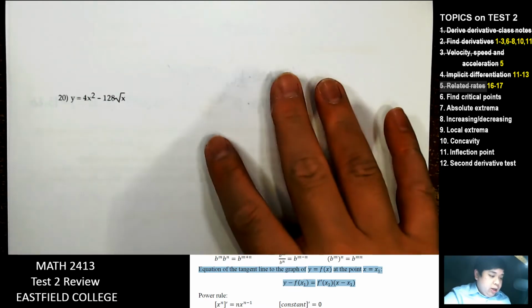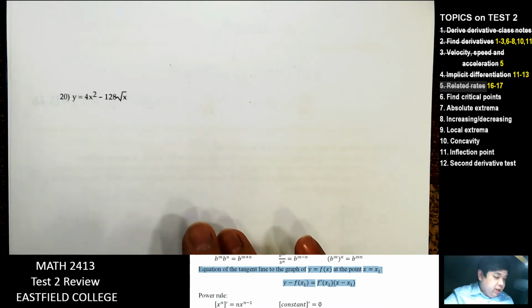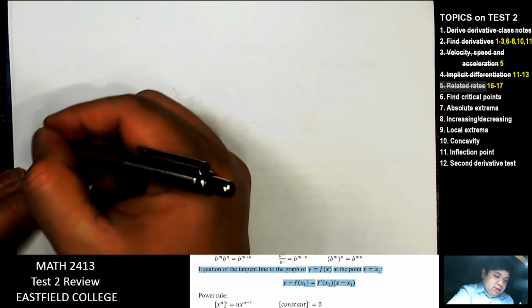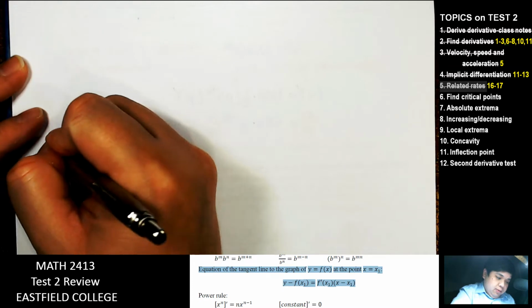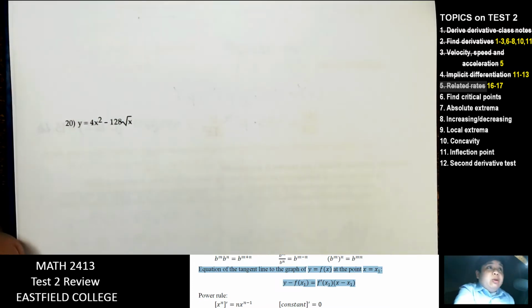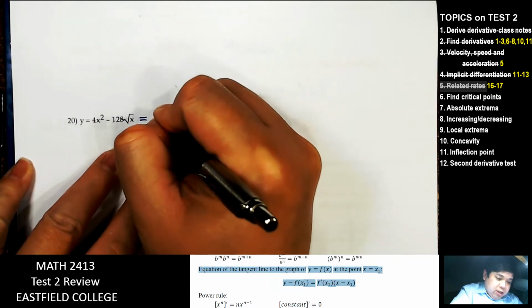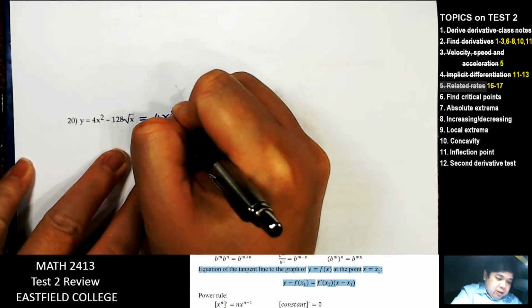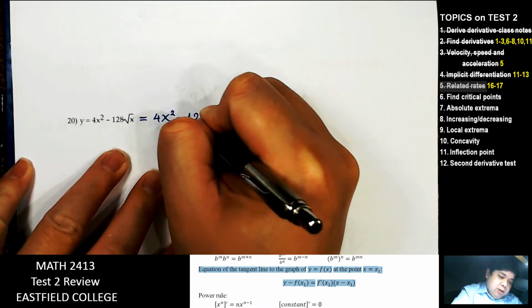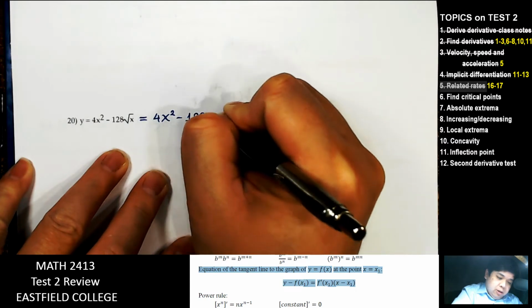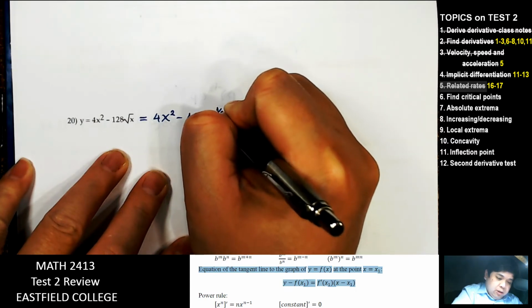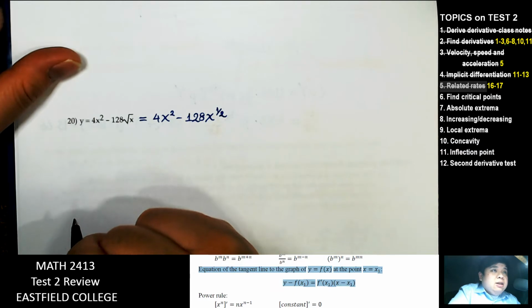Right, so first we will take the derivative. So to take the derivative of this with the square root, I should write it like that.